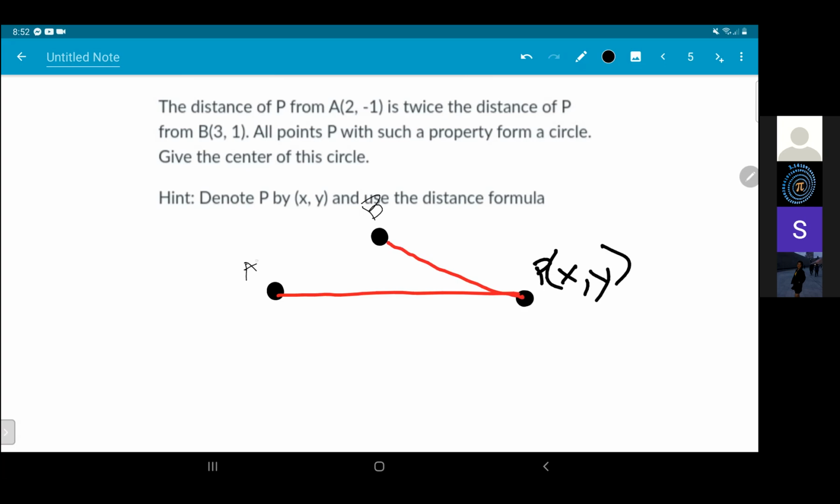A has coordinates (2, -1). B has coordinates (3, 1).